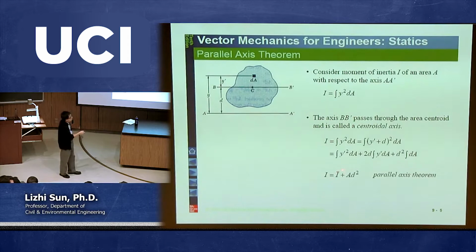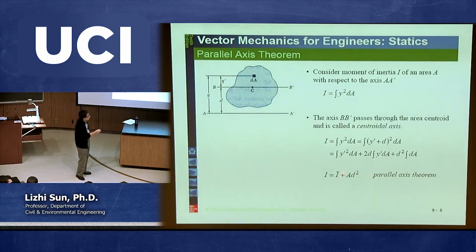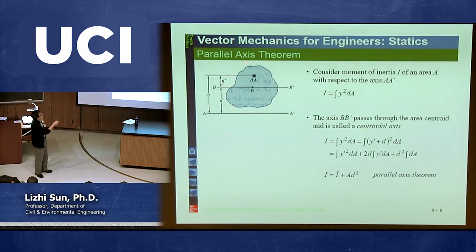Once we know this one, if you want to calculate the moment of inertia with another given axis, what you need to do is just add one term. And that term is called A times D squared. A is very simple, which is basically the area of the cross section. And D, or D squared, is basically the distance between the centroid axis and the axis you later choose.